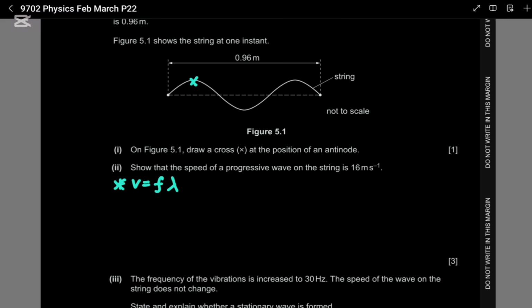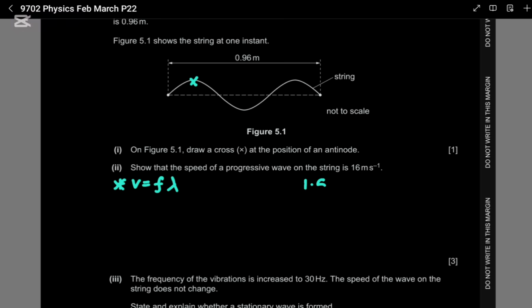One thing to notice is you will see that this is one wavelength, this is lambda, and this thing is half lambda. So this is going to be lambda plus lambda over 2, which is 1.5 lambda. I hope you get that.